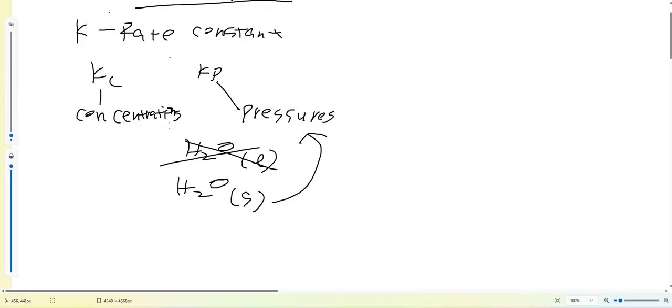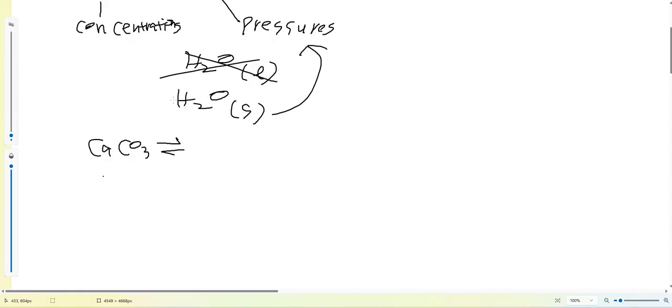Let's give an example, shall we? If we have calcium carbonate, CaCO3, this decomposes into CaO plus CO2 as a gas.